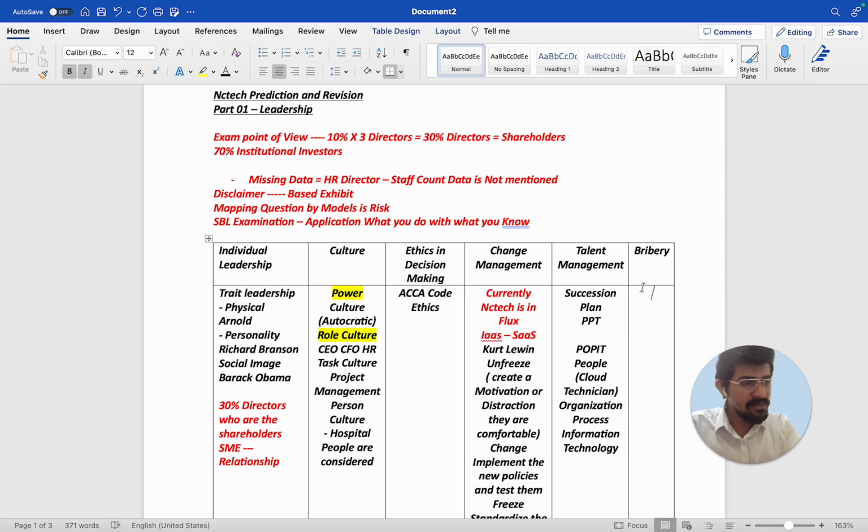On bribery, students, I just want to give you the UK Bribery Act. Just remember this, you can quote it in the exam. It is 2010. So you can just say bribery is illegal. It's not ethical, students. It is illegal. Now a license can come up, because in case there's a government license or something like that, bribery can come into action.